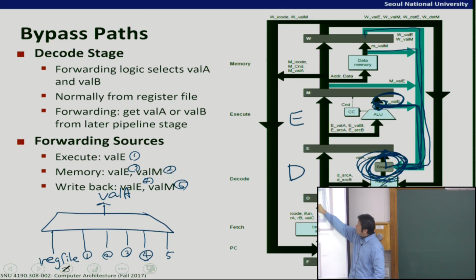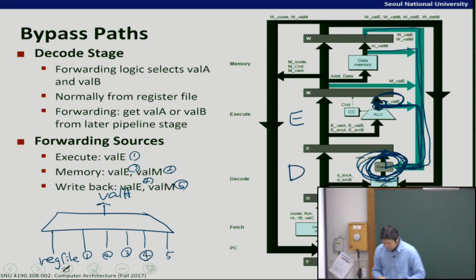The result of add will be computed and then forwarded in the same cycle into the input of the pipeline stage. So that value will become the new valA or valB when this moves to the E stage. Okay, did that answer your question?